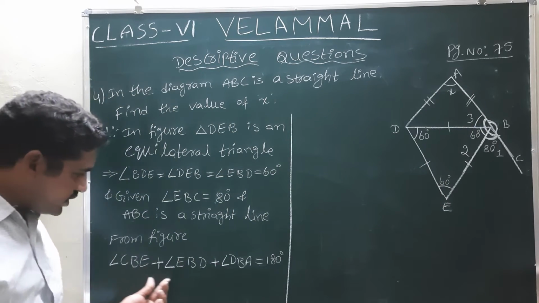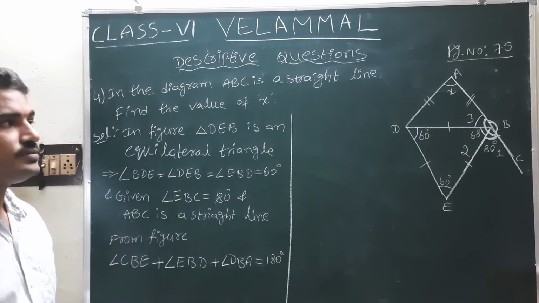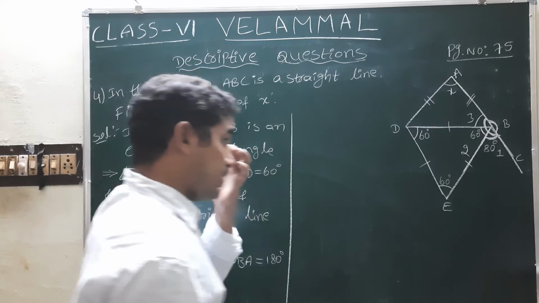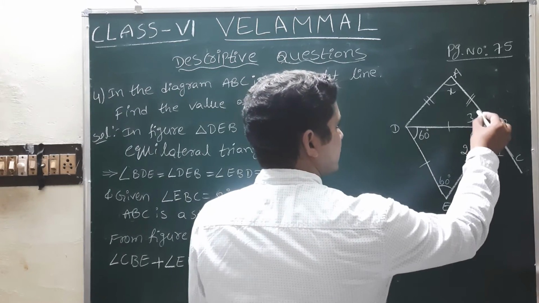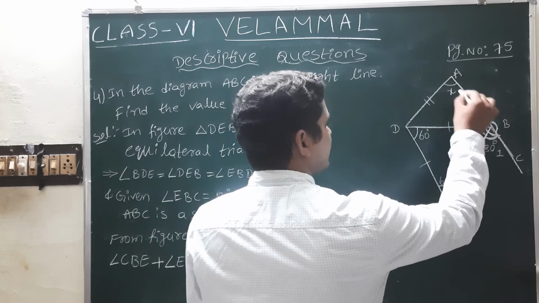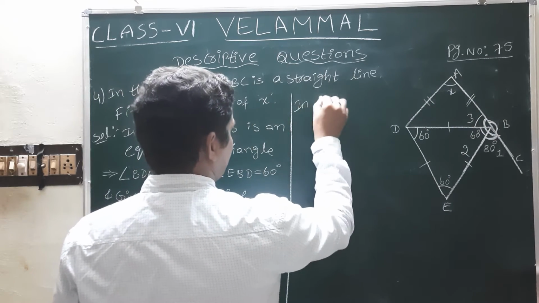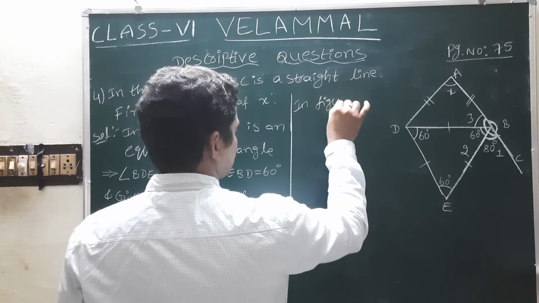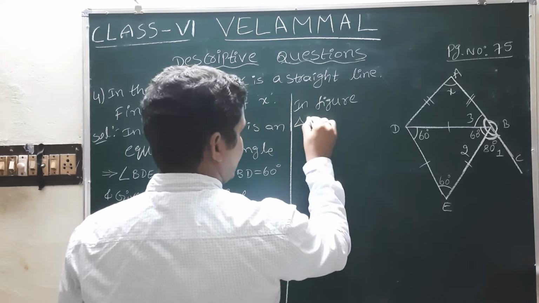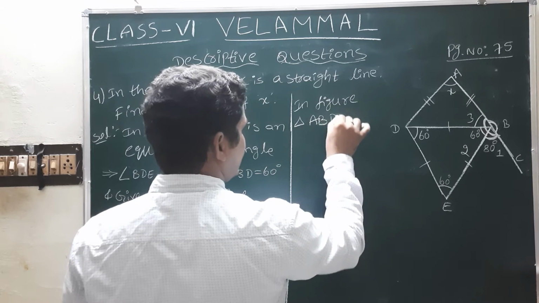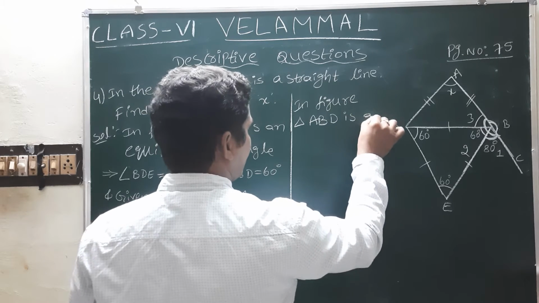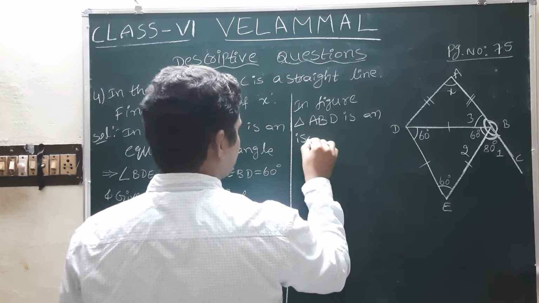So now we know these angles individually, and one more piece of information is given in the figure: triangle ABD is an isosceles triangle.